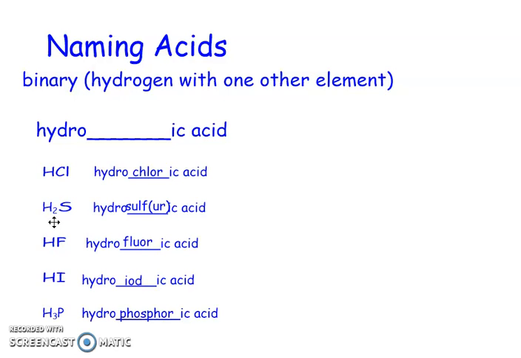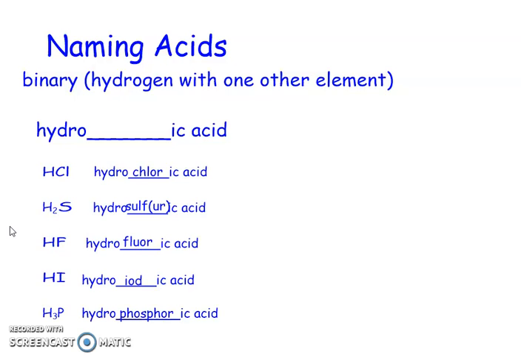Again, in terms of why there's two hydrogens with the sulfur and only one with the chlorine, that has to do with what charge the chlorine ion forms, which is -1. Hydrogen's +1, so it's one of each. With the sulfur, sulfur forms a -2 charge, hydrogen's +1, so there's 2 hydrogens attached to that sulfur.